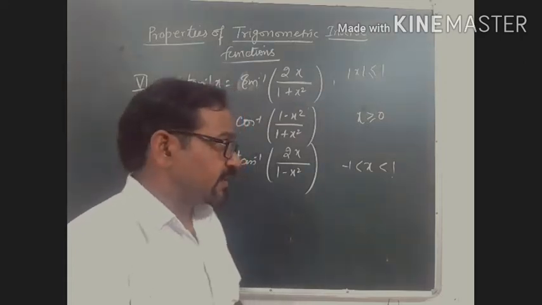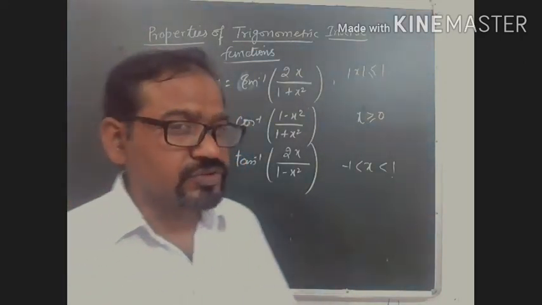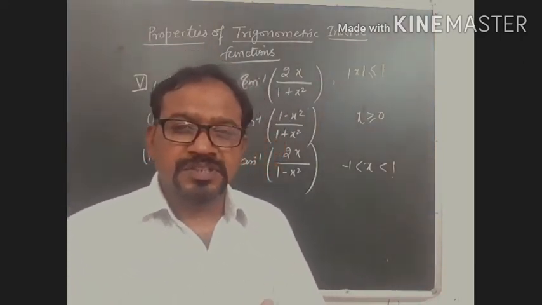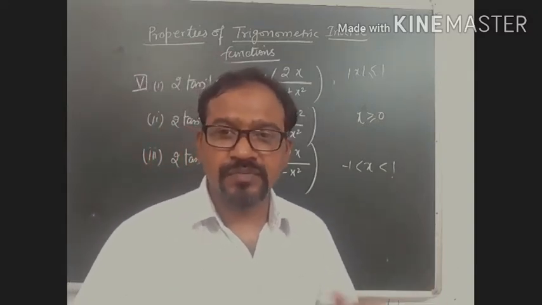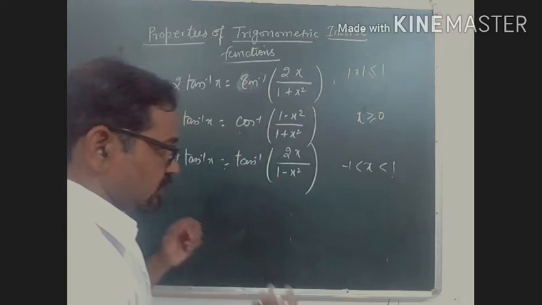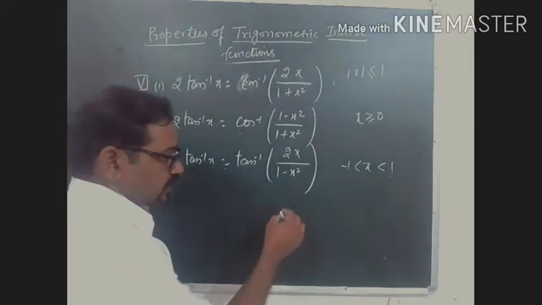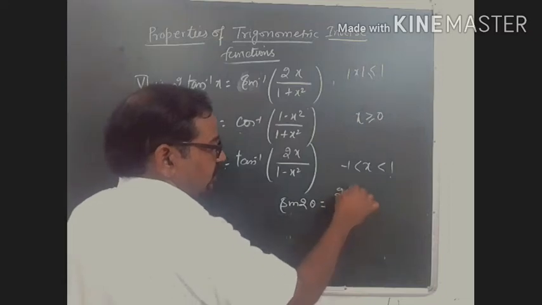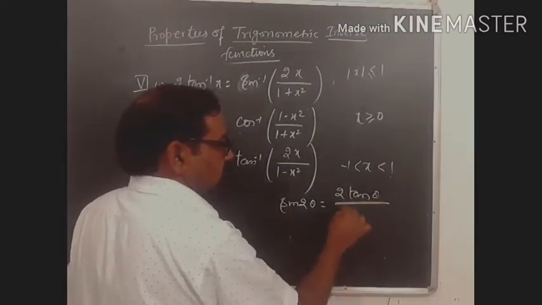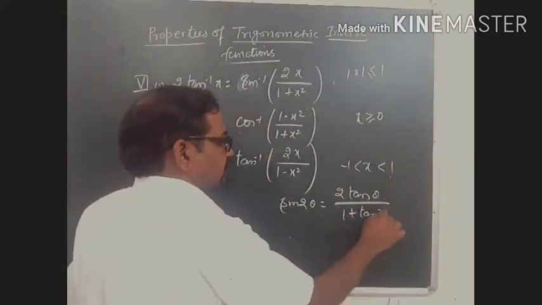For these properties, we will use the sin 2 theta, cos 2 theta and tan 2 theta identities in the form of tan theta. We have read in 11th class sin 2 theta equals 2 tan theta upon 1 + tan square theta.